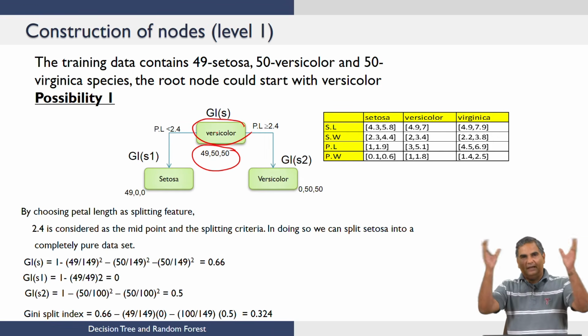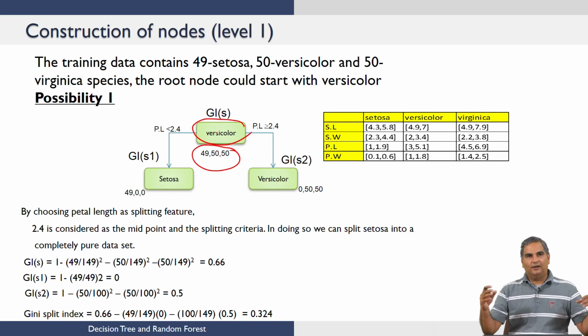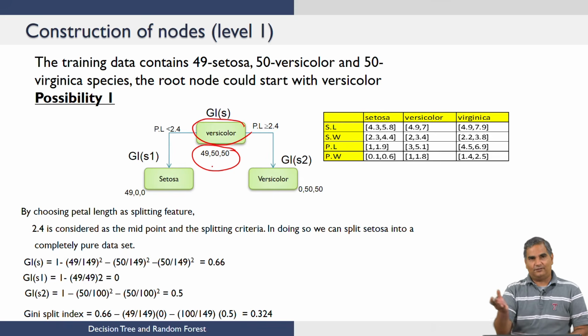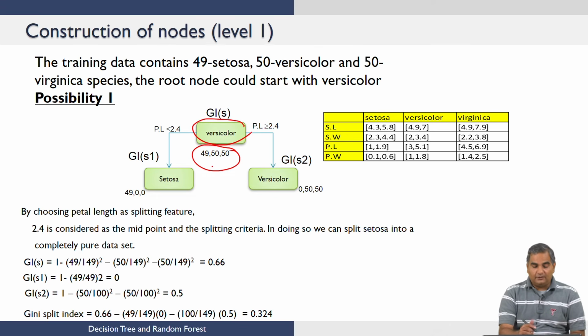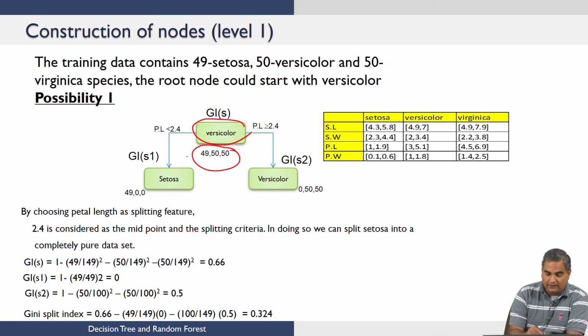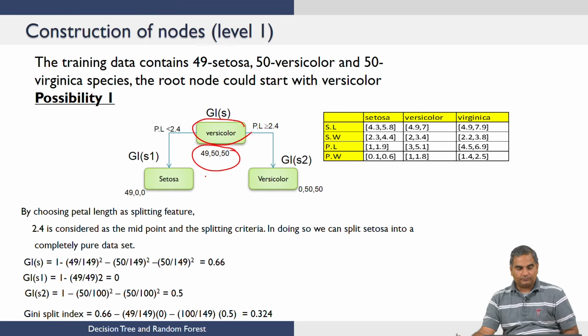That means at the beginning, if I do not do anything at all, any new sample you are giving me, I am just going to close my eyes and say it is a versicolor. And why am I saying it is versicolor? I could have said versicolor or virginica, because there are 50-50 data points. I have just randomly broken this tie and then said it is versicolor. Okay. So now you see in this node none of the data is lost. So all the data is still there here, right, 49 setosa, 50 versicolor and 50 virginica.